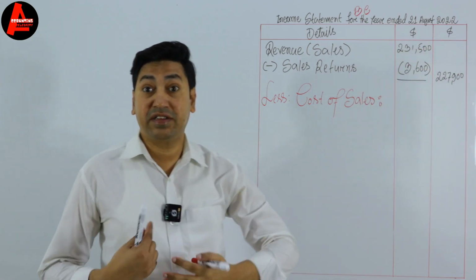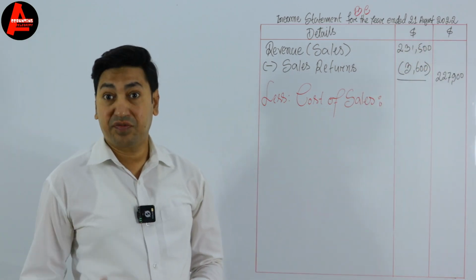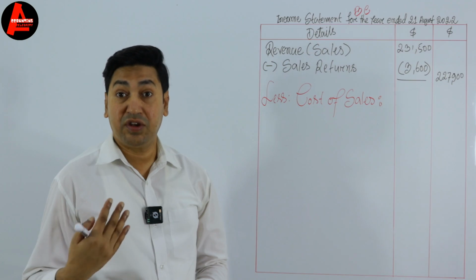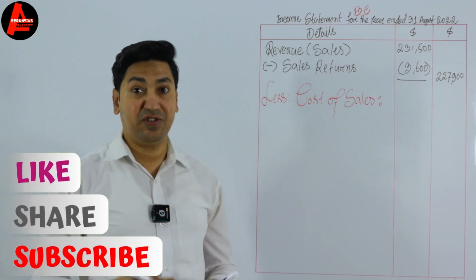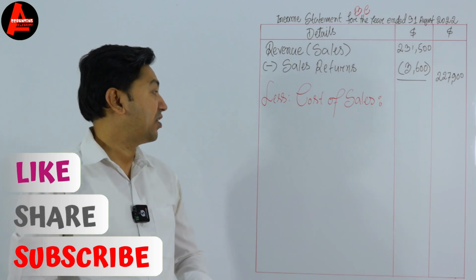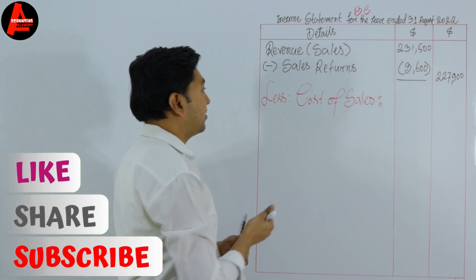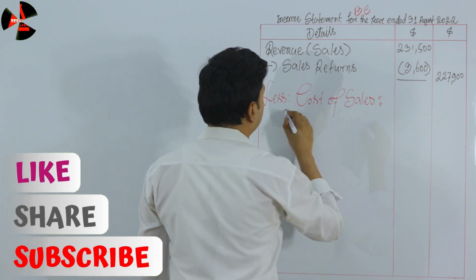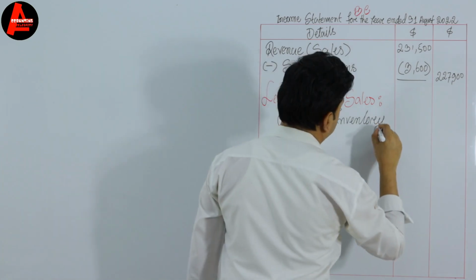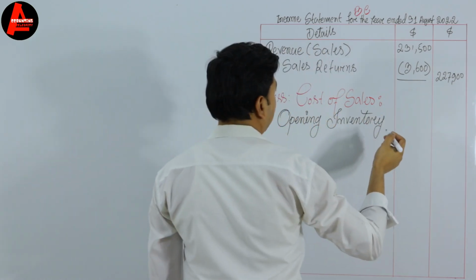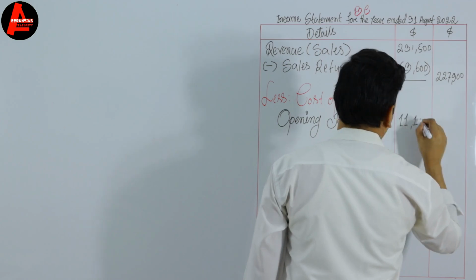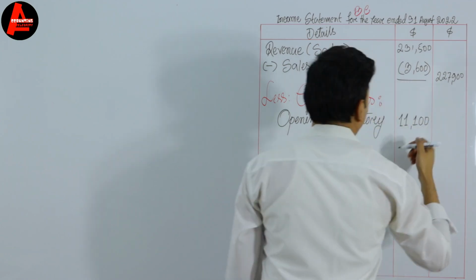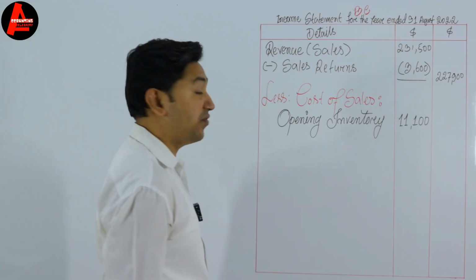That means the financial year started on 1st September 2021 and ended on 31st August 2022. One year, the financial period. So let us write here opening inventory. We saw on the question $11,100.